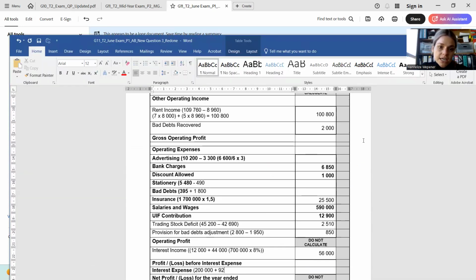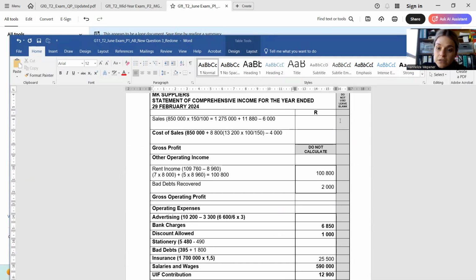You will now obviously just calculate your totals because your financial statements are not done with only calculations there. You need to calculate your totals. Minus 6,000. So here we have 12,880. And then for our cost of sales, remember cost of sales goes in brackets, minus 4,000, and that is 854,800 in brackets. Then over here, 102,800 because it's your 100,800 plus your 2,000.